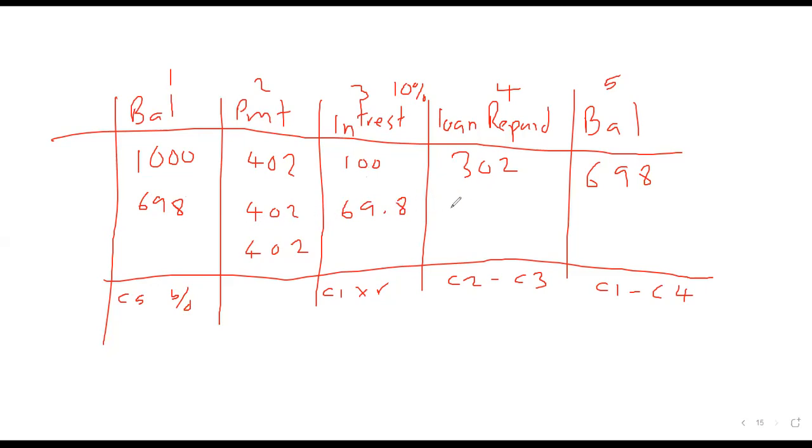Subtract these two, and you get 332.2. Then how do we get column 5? Subtract this from the opening balance. What are you getting? 366. So 366 will be our opening balance here.